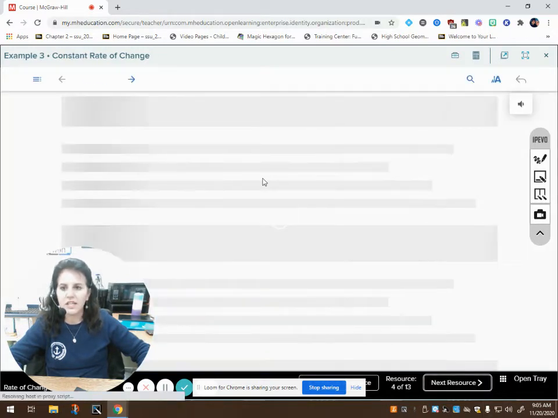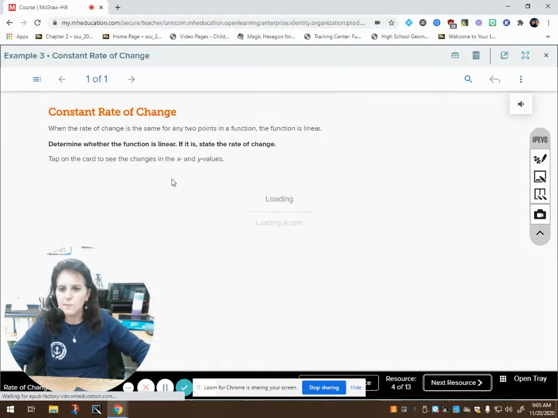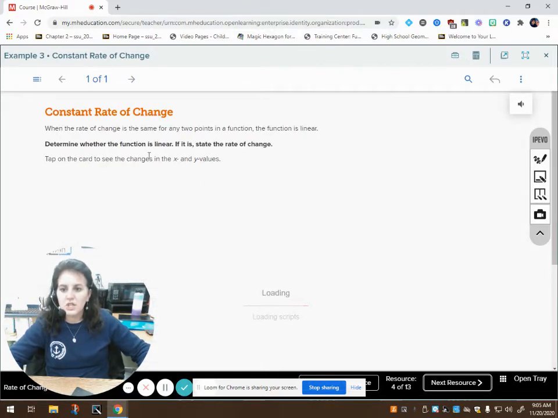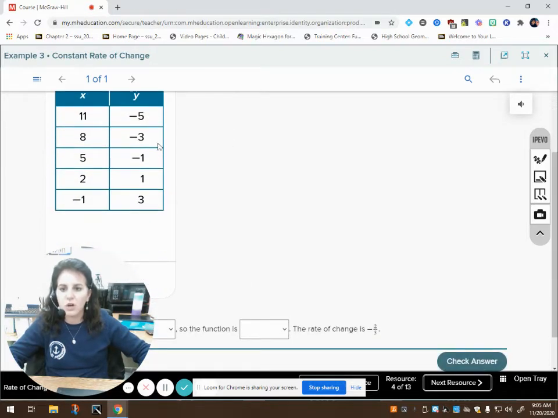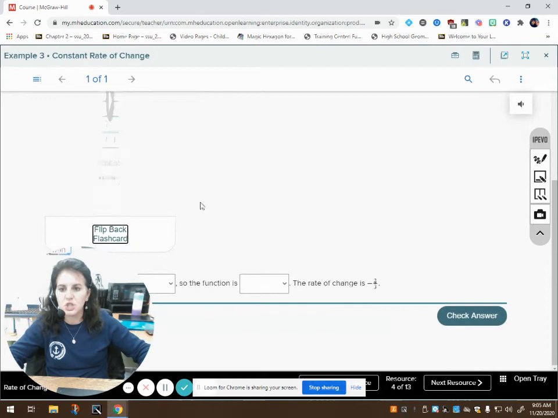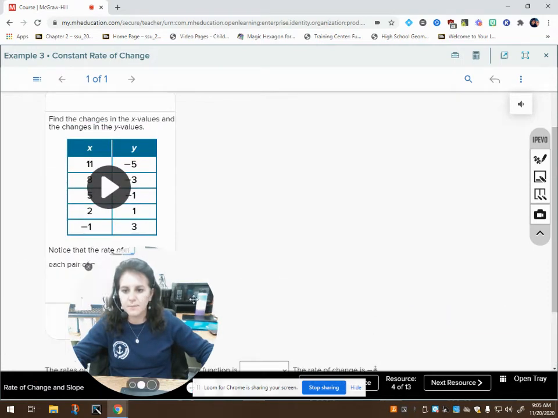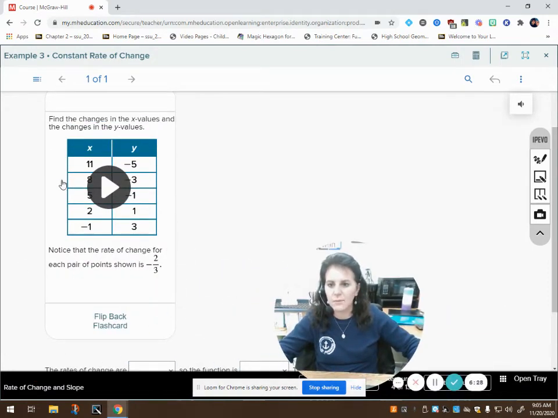Okay, the next one, looking at a constant rate of change. We kind of discussed this already in class when we looked at those released test questions, but when we were determining whether it was linear or not, we looked to see if it was growing at a constant rate of change, the way that I just showed you in the other problems, to look at the table. The x goes down by 3, the y goes up by 2.